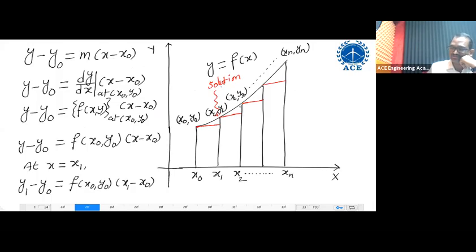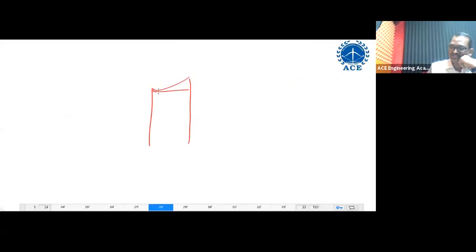The curve is the exact solution. The tangent is the approximate solution, because the length of the curve is approximately equal to the length of the tangent.